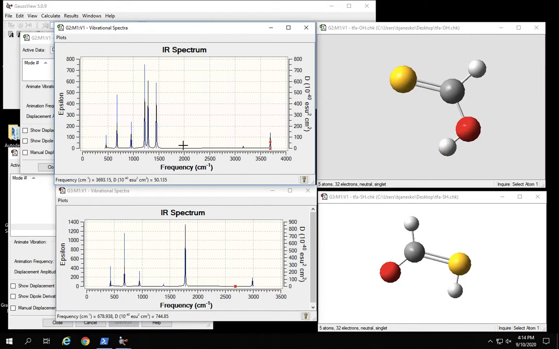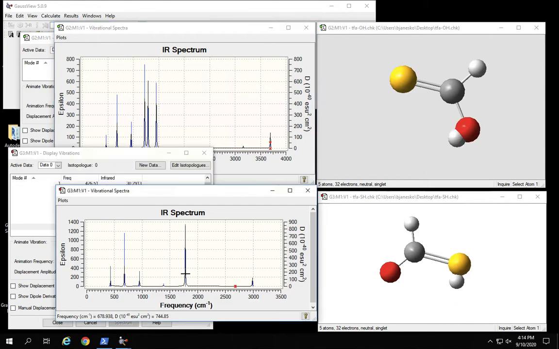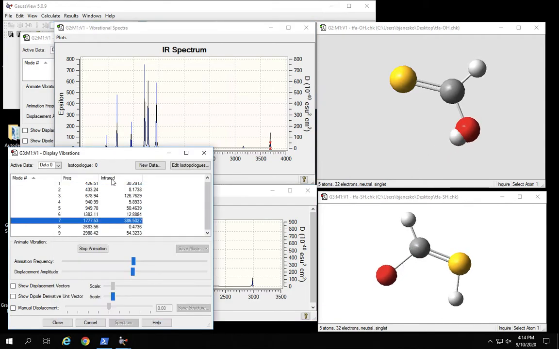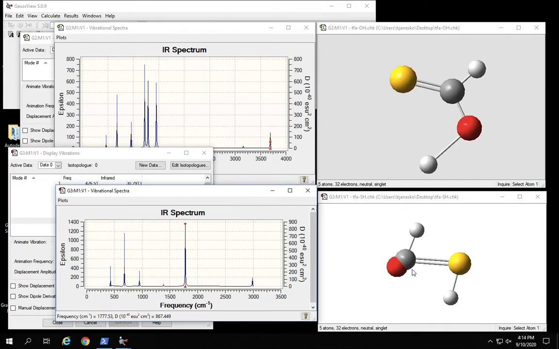But I do have this diagnostic peak occurring at about 1,700 wave number that's mostly a carbon-oxygen stretch. It has some other bond-bending components. There's no such thing as a pure bond stretch in a polyatomic, but it's mostly bond stretch.